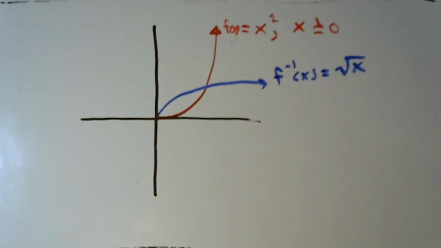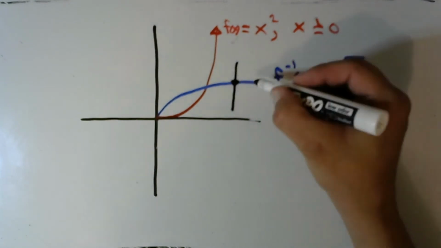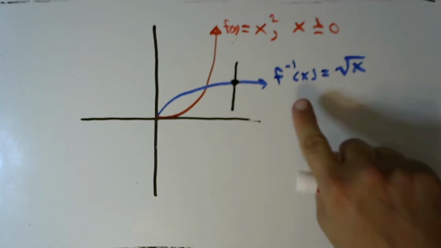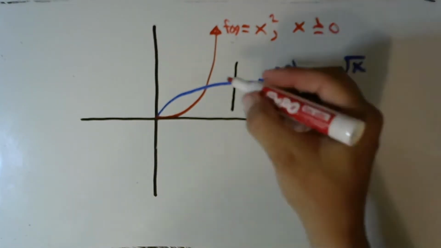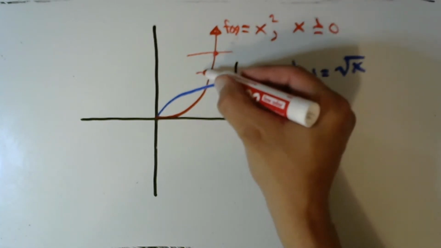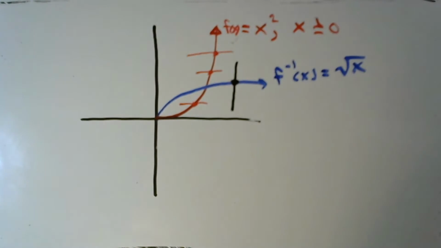That's f inverse. So what happens here, we do pass the vertical line test. Any vertical line I put through here only intersects the inverse once. So here the inverse is a function, but also note if I put a horizontal line anywhere through f of x, that horizontal line also will only intersect f of x one time.